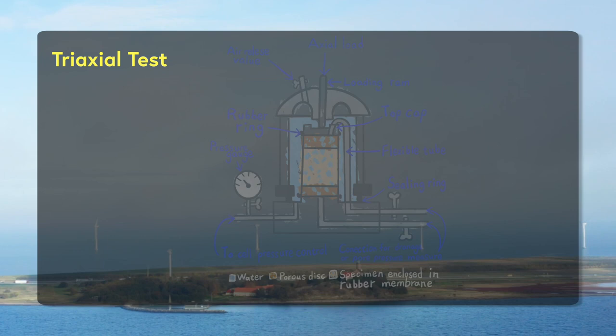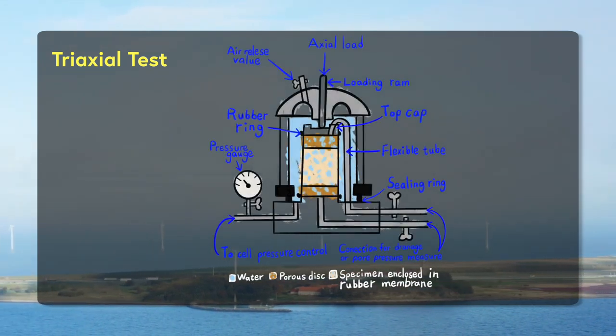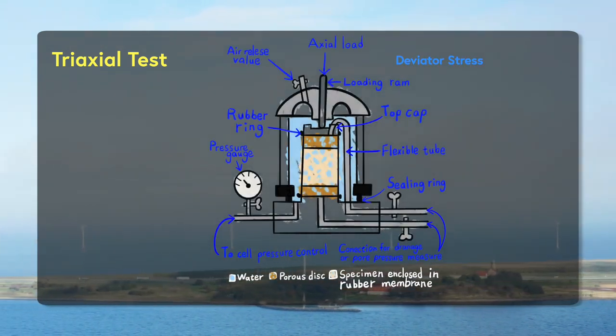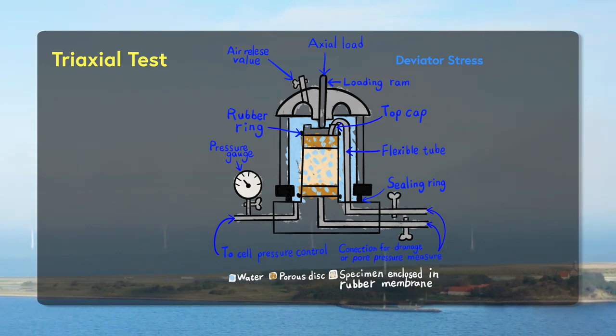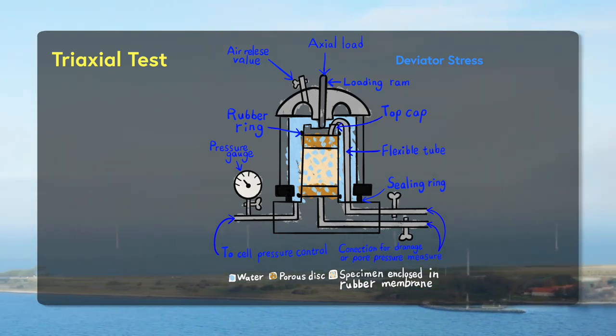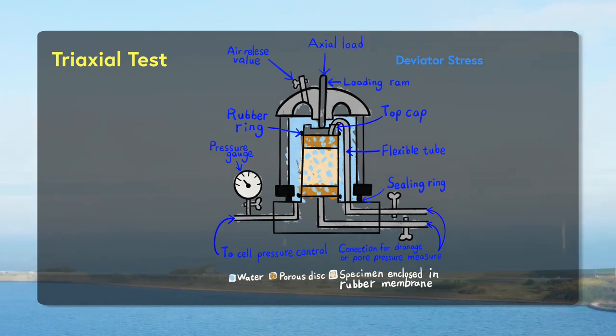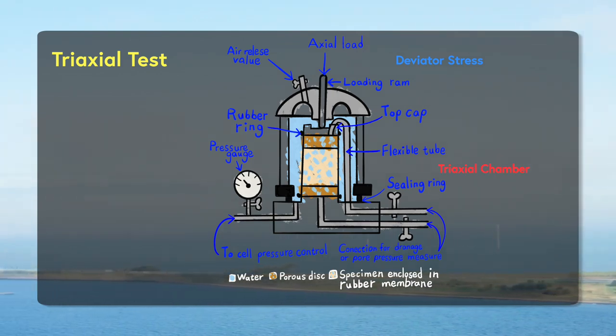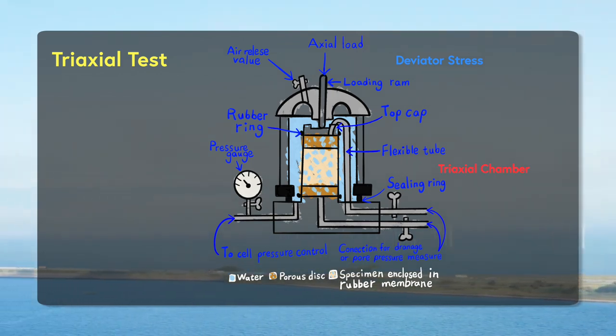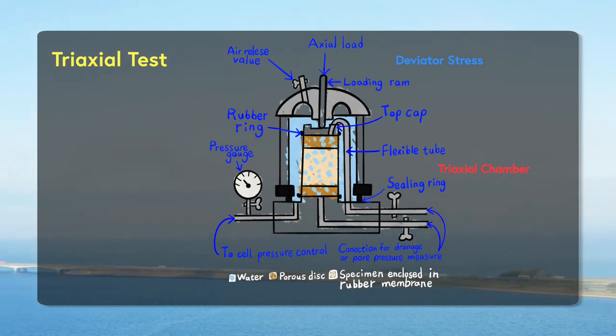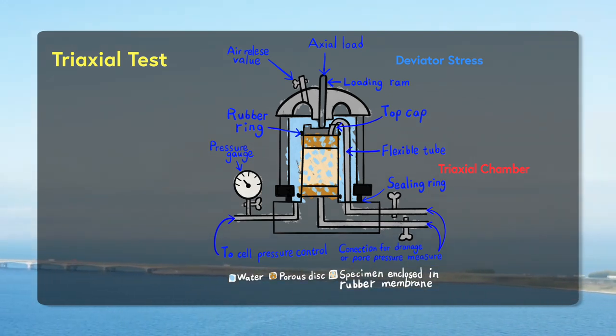Another type of test that can help us to determine the shear strength parameters would be the triaxial test. For the triaxial test, there are different ways to perform it, depending on whether we allow drainage during the test. First of all, for a triaxial test, we will have a triaxial chamber. We will put the soil specimen inside the triaxial chamber and then fill the chamber with water.